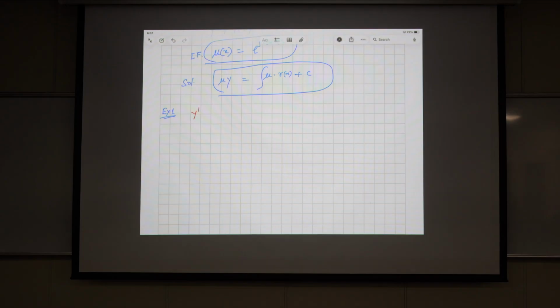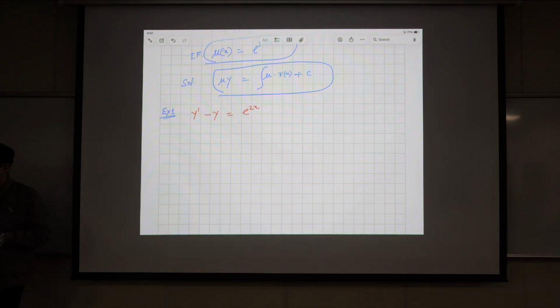y' - y = e^(2x). Okay, so this is your ODE. First thing you can check: is this ODE in linear ODE form or not?